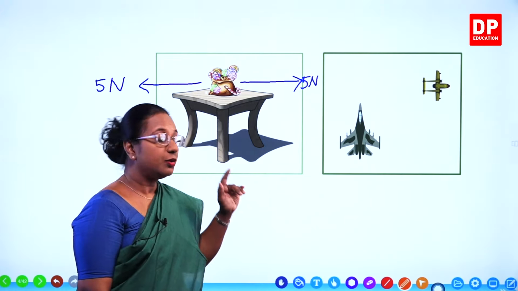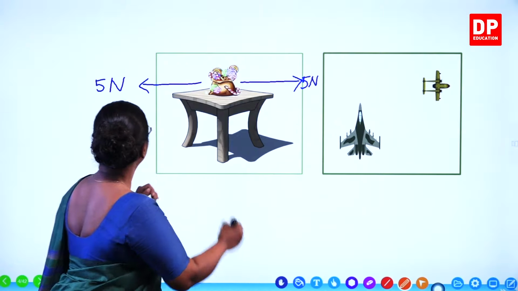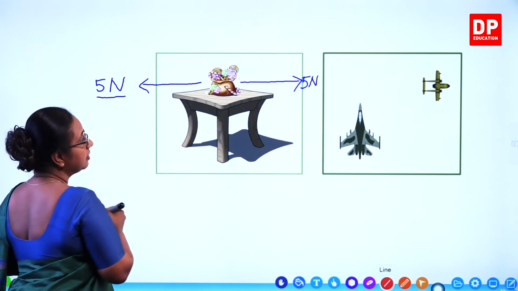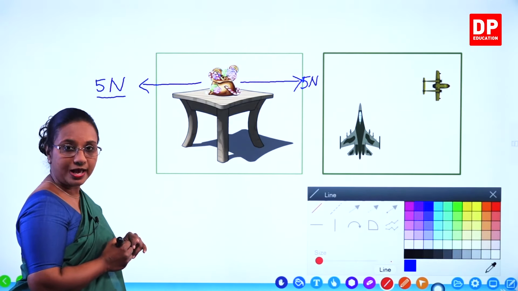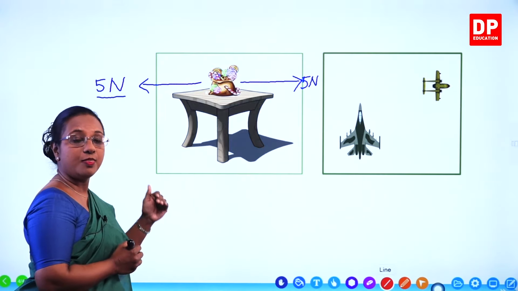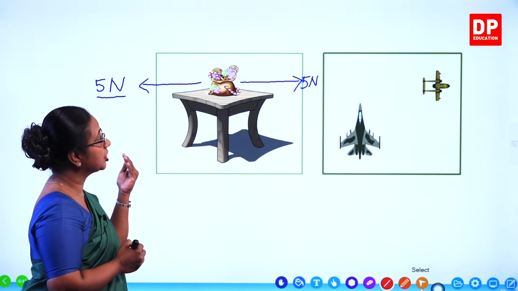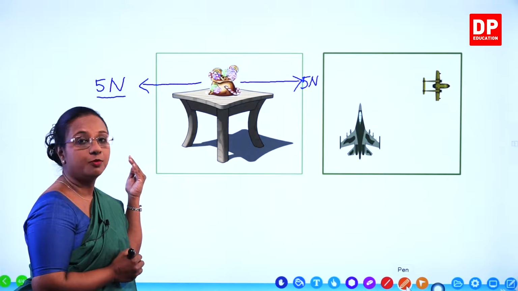So here we applied a force with a certain magnitude, that is the 5 Newton value, and depending on the value and the direction, the object moved.